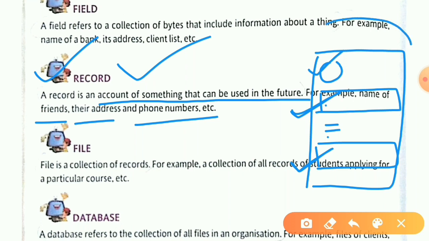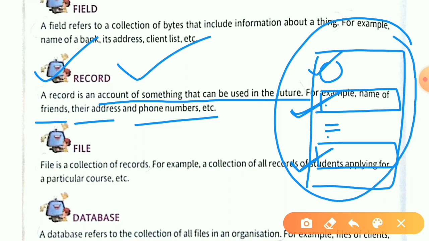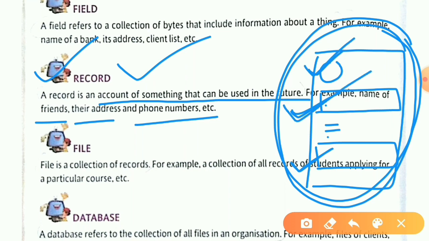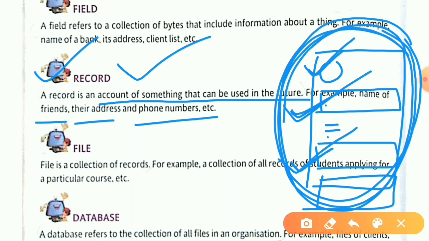But if we see them combined, they are giving you information about a single thing. More than one piece of information about a single person: the photo of a person, the name of a person, the mobile number of a person, or you can add certain details also over there. So combined they all make a record that you can use for your future purpose.